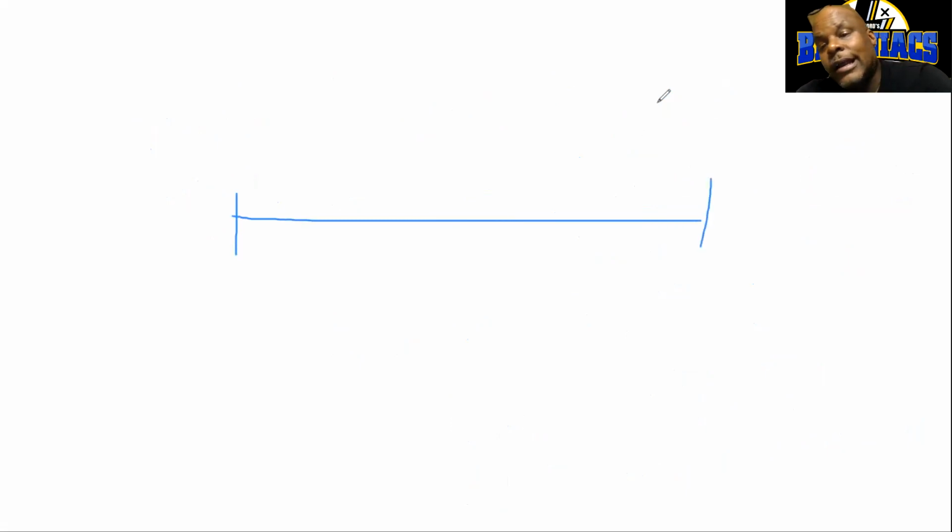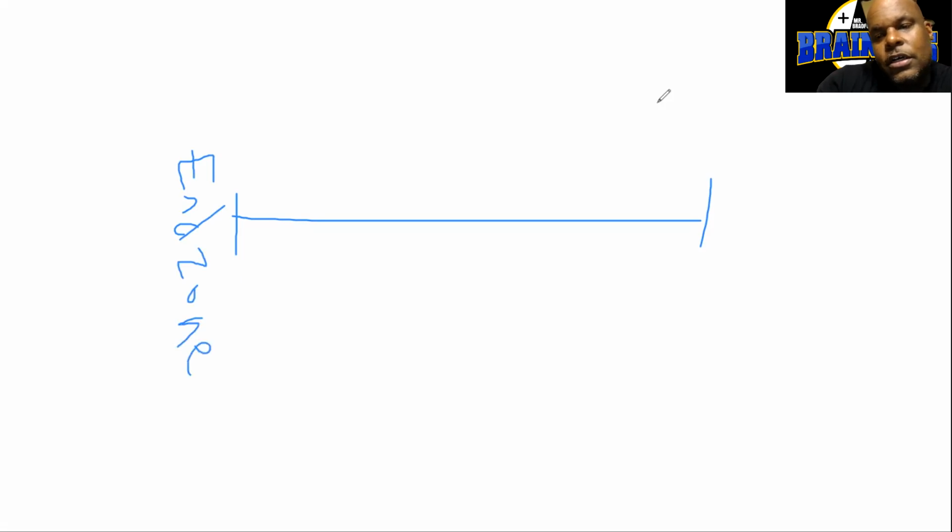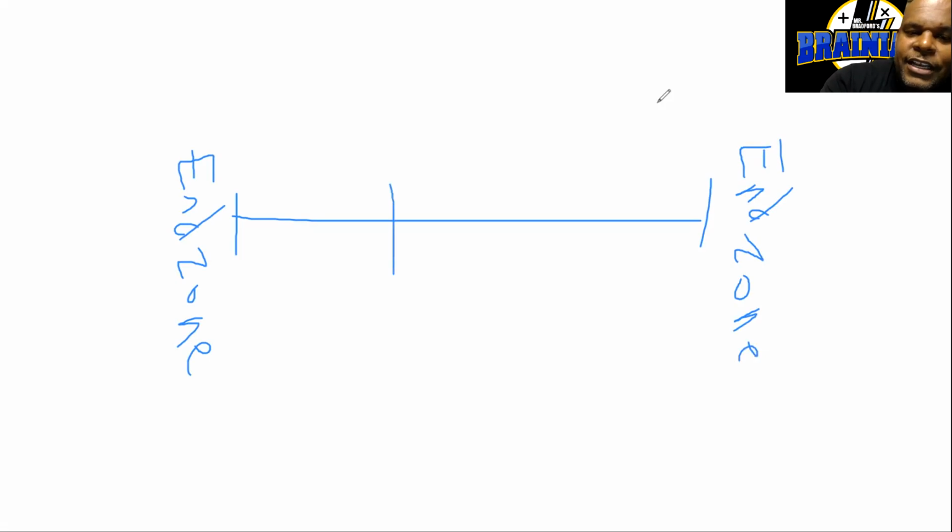A good horizontal example is football. Think about football. This is the end zone. This is the other end zone. Let's say this here is the line of scrimmage.